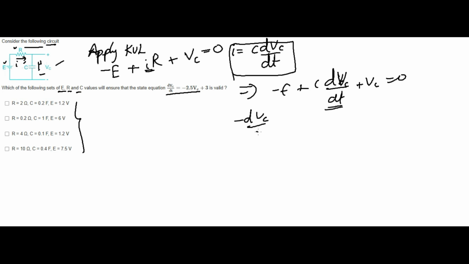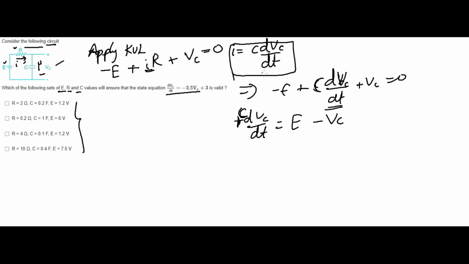I'll keep this on one side and move the rest to the other side. If minus E goes over, it becomes plus E, and C is also available. Wait, I have to make a correction here: this is C dVc, so this is not minus, this is plus. So C into dVc, and the minus Vc should go there.